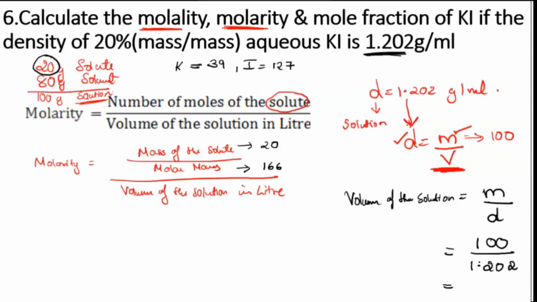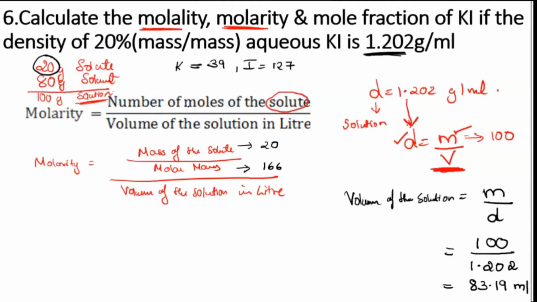When you divide 100 by 1.202, approximately you get around 83.19. So 83.19 ml you are getting. It's in ml because density is given in gram per ml.